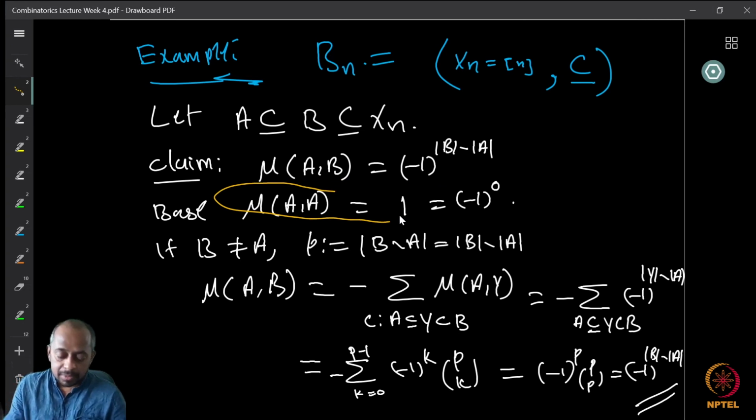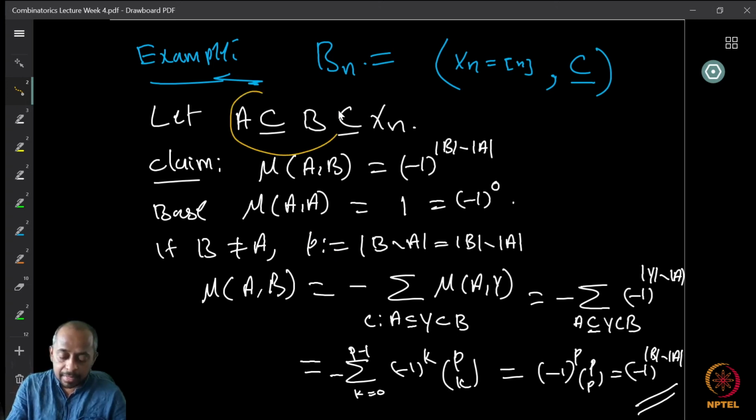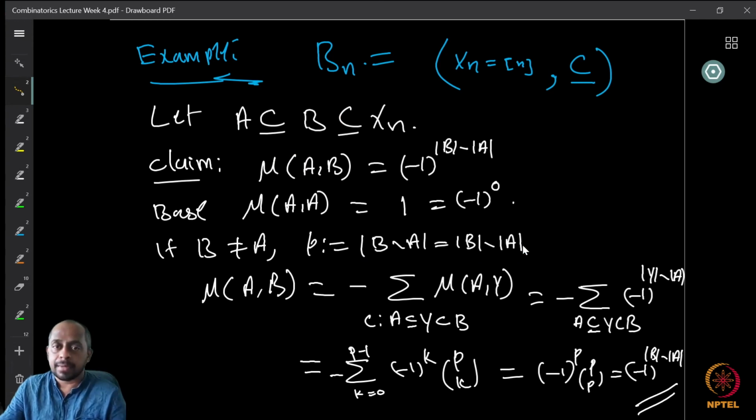Now suppose B is different from A. If B is different from A, then we have some elements in B minus A, because B is containing A. So look at cardinality of B minus A and call that small p. Now because of again the containment, we know that this is also equal to cardinality of B minus cardinality of A.